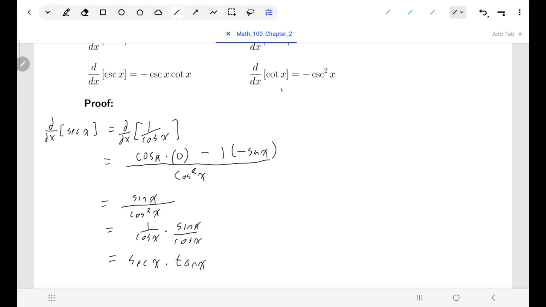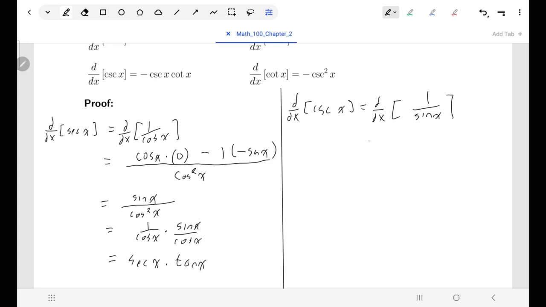The proof for cosecant is pretty much the same thing. So let's do that while we're here. In this case, cosecant is the reciprocal of sine. So again, quotient rule, we'd have the denominator gets squared, so sine squared.